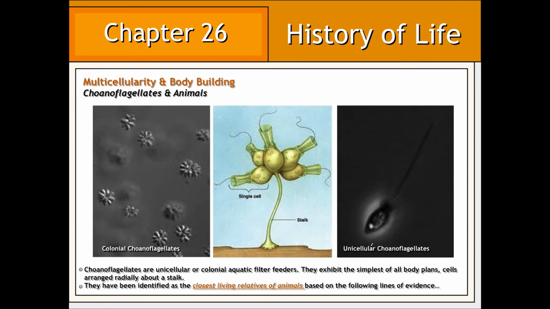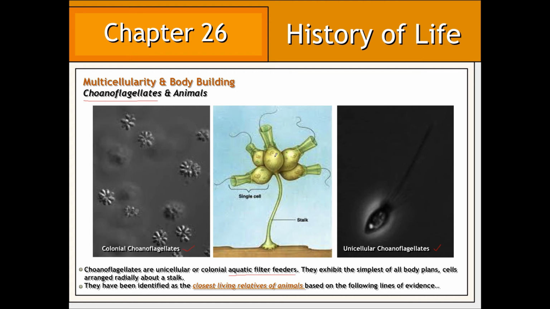One of the earliest multicellular organisms that evolved in the manner that I previously described are choanoflagellates. Choanoflagellates may be unicellular, as seen here, or they may be colonial. They are all aquatic filter feeders.